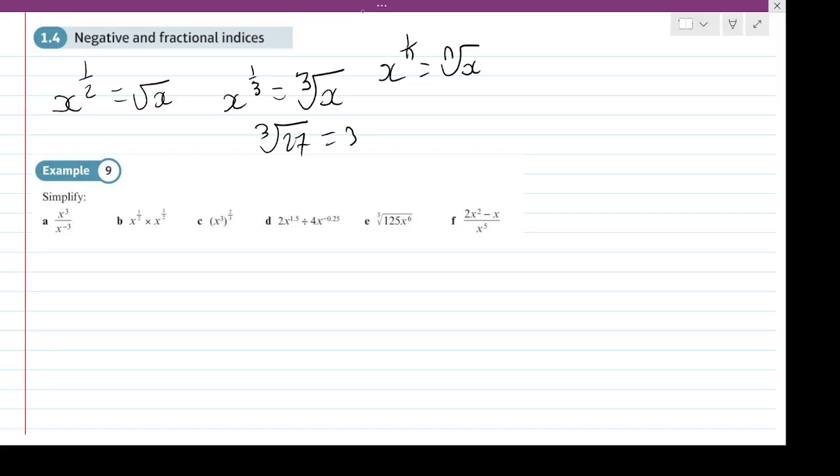Negative indices, so then if we say x to the minus 1, you just take the reciprocal, okay? So what the reciprocal means is you do 1 over the number to get a fraction, right? So 1 over x gives us the reciprocal, okay?